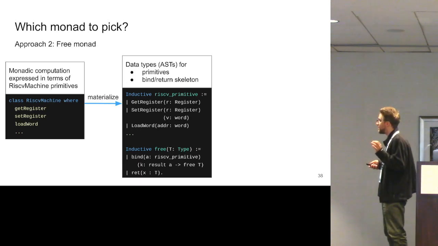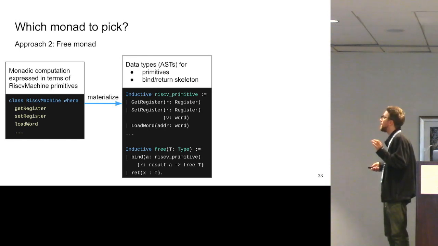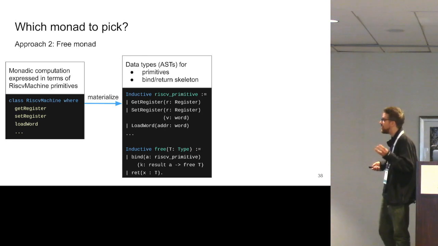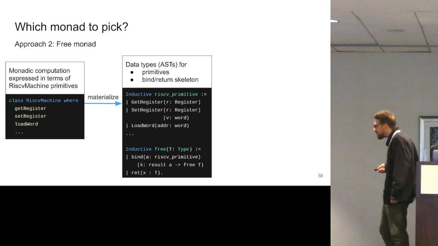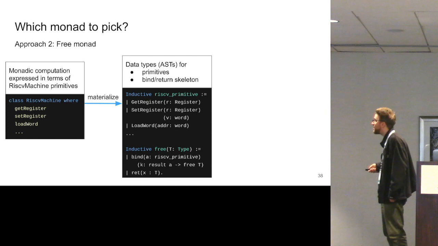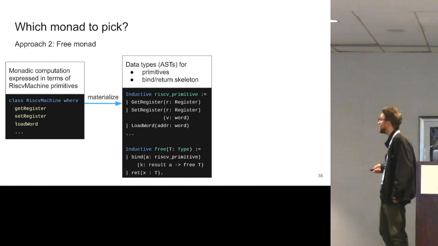So the first step is to write the RISC-V machine instance, which is a very, very dumb instance. We just basically materialize these primitives into an AST, one for each primitive. And we also have a free monad which just materializes the bind and the return.